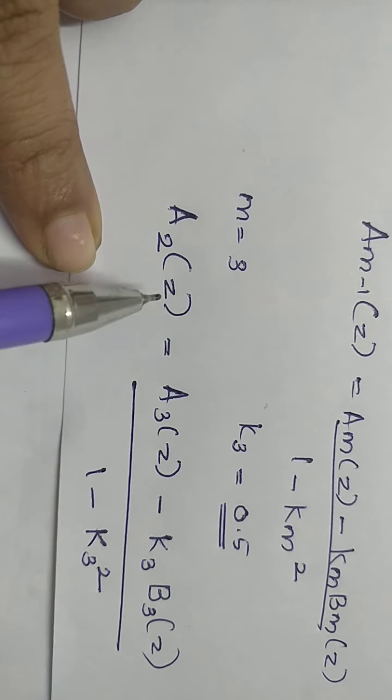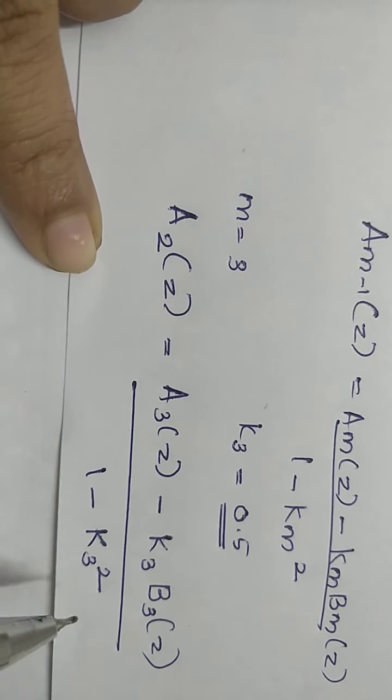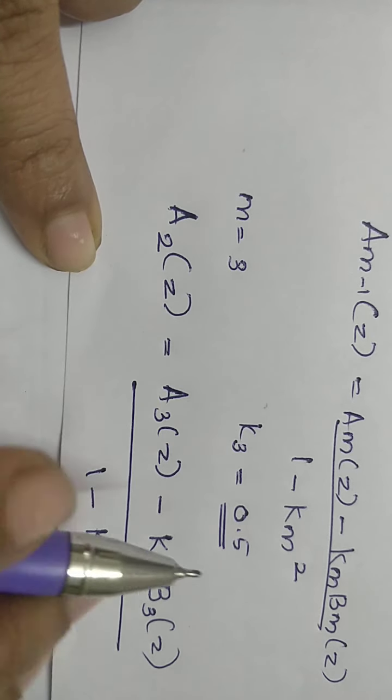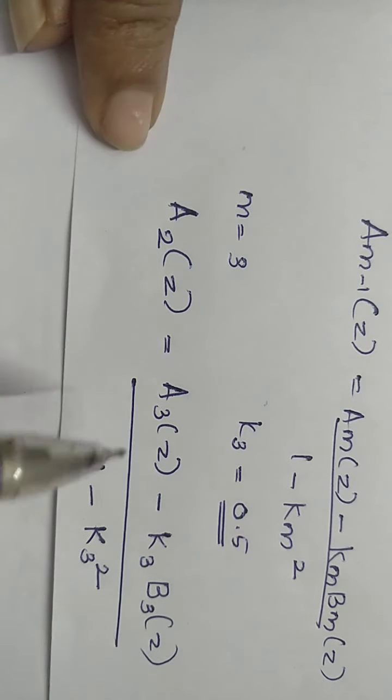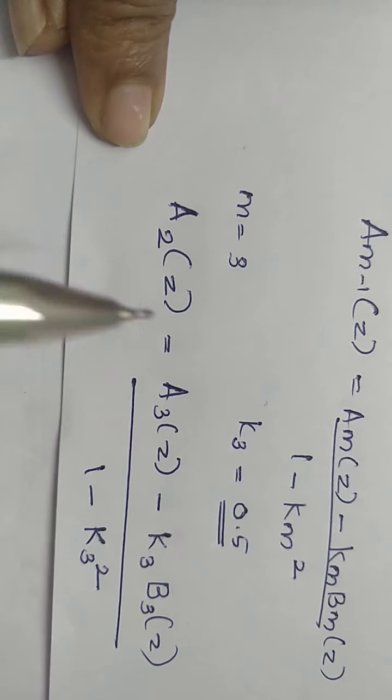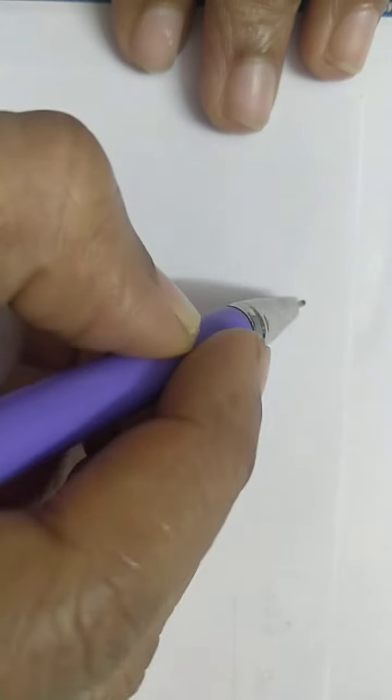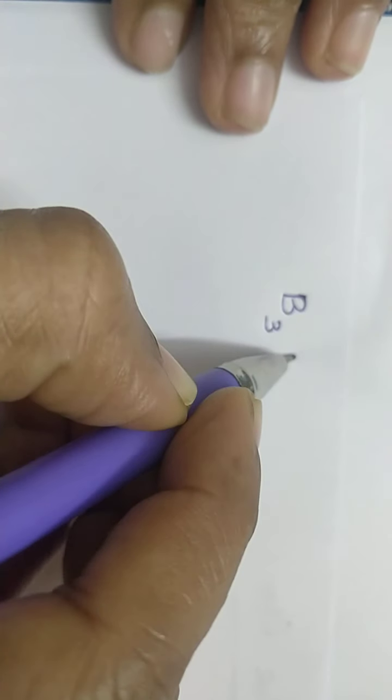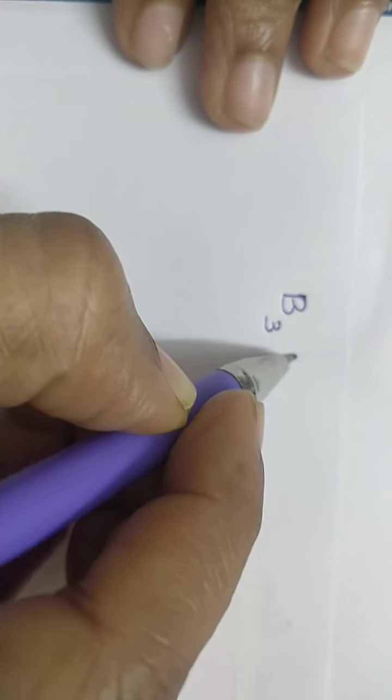After finding out A2 of z, the coefficient of z raised to minus 2 is the value of K2. So first we need to find out A2 of z. For that, for getting A2 of z, first we need to find out B3 of z.